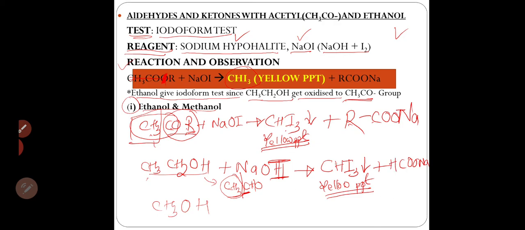So in ethanol, one carbon is removed as iodoform CHI3 and one is converted to the sodium salt of carboxylic acid. The CHI3 is a downward arrow, formation of precipitate, a yellow precipitate. And for NaOI, sodium hypoiodite, methanol has no acetyl group, so no yellow PPT.